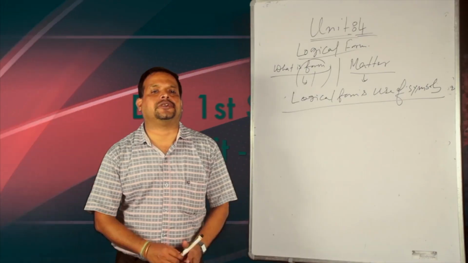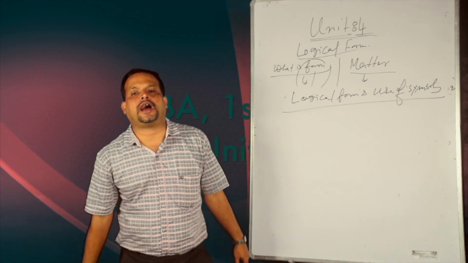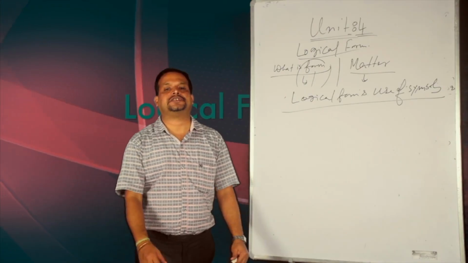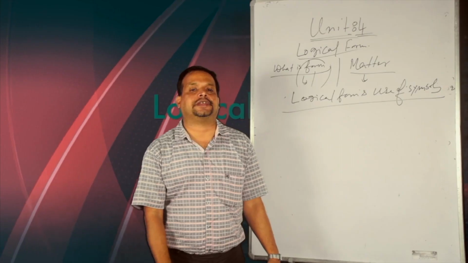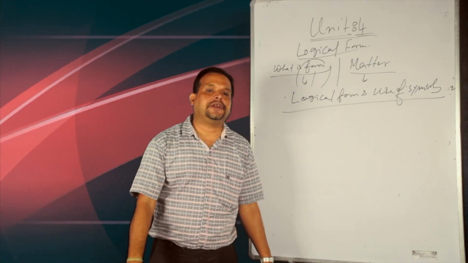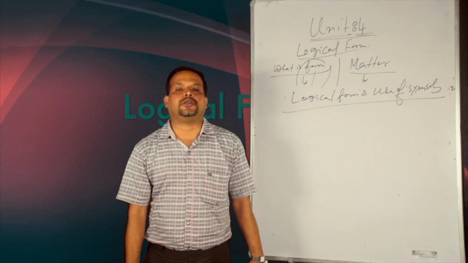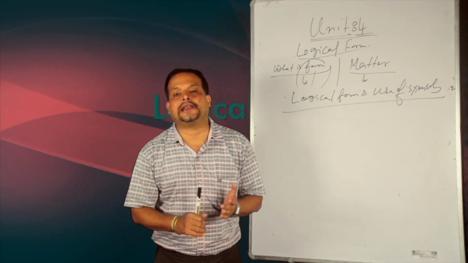It has been observed, in order to discern the form of the proposition or the argument, one needs to completely withdraw one's attention from the subject matter of the argument or proposition, as the case may be, and express the same through symbols. The use of symbols makes the logical form clear.